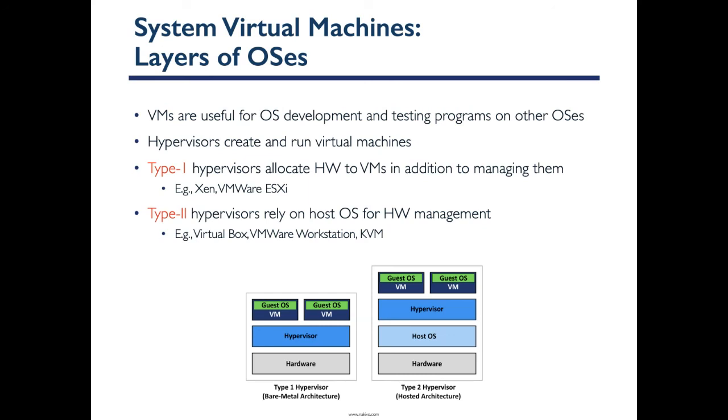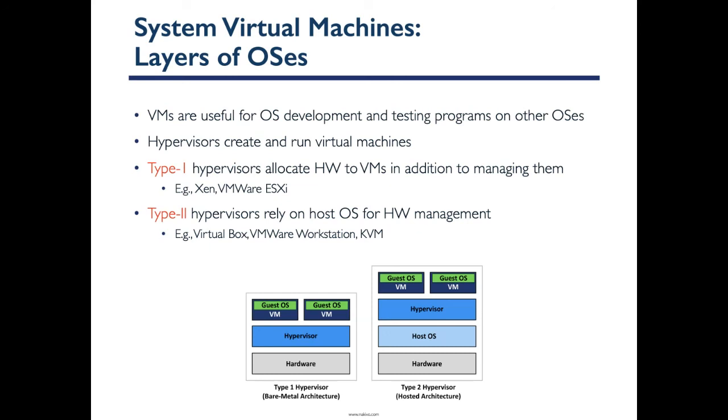What's the difference exactly? Type 1 hypervisors allocate hardware resources to their virtual machines in addition to managing them. So there are two things to focus on. One is allocating the hardware resources that are available.